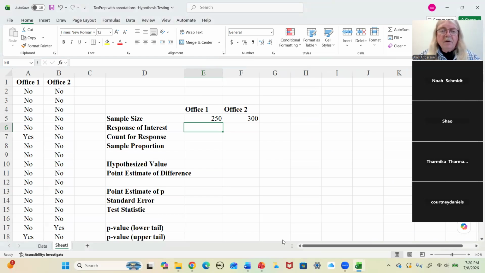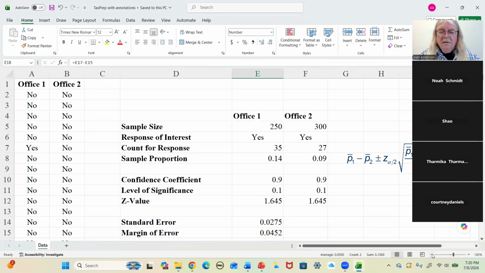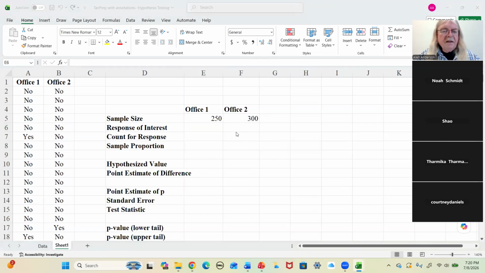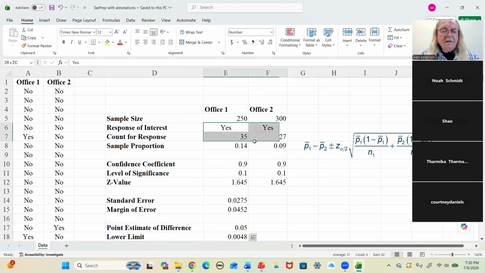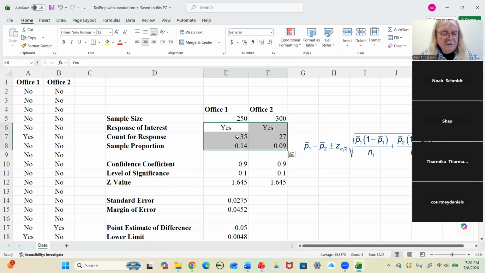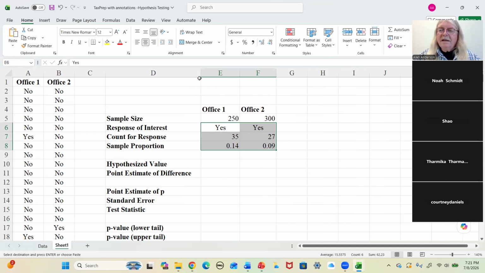Since they're in the same rows, we can save ourselves a little time by copying these because they're referring to the same exact data. As long as everything's set up the same way, not a problem. Yeah, there you go. Well, that's a nice time saver.